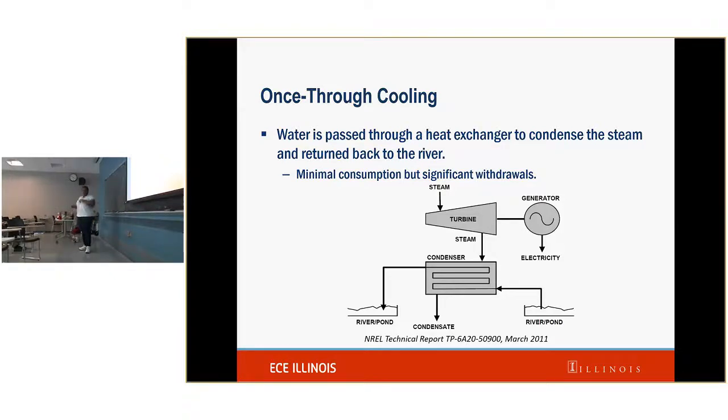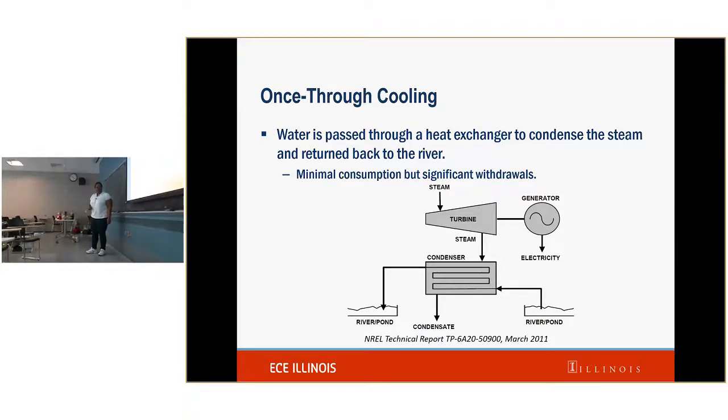And so just briefly, I'll go over what cooling types are available and how that affects the water usage. So for once-through cooling, you have a water source, you take in some water. So you'll have a steam turbine. This is a steam turbine example. So you'll run steam through the turbine, but then you need to recycle that steam to bring it back in for the next cycle.